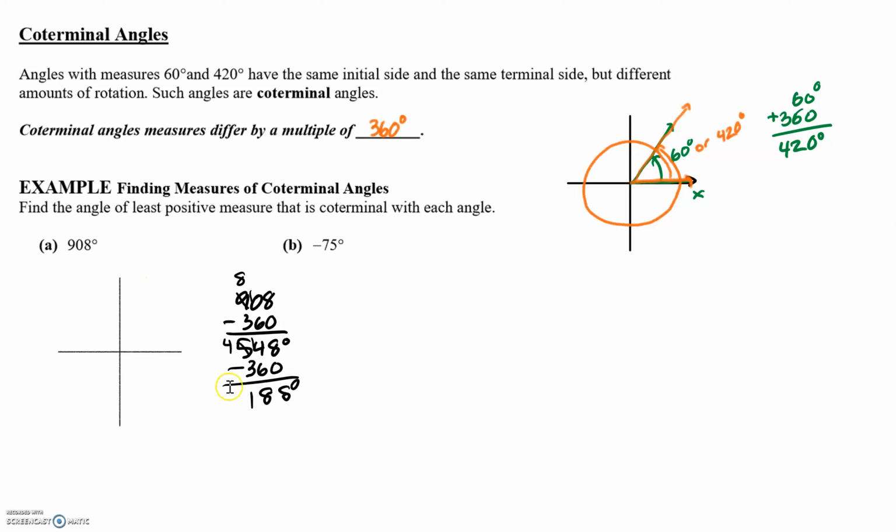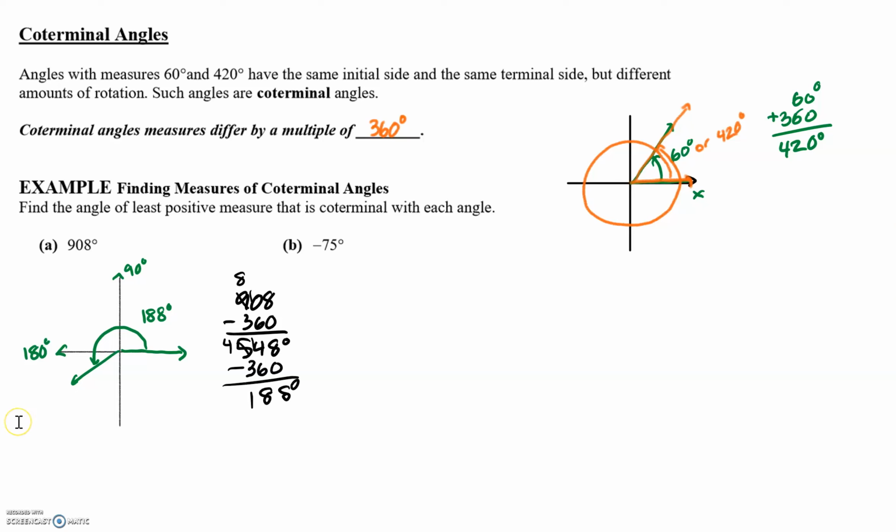188. What quadrant is that in? Well, again, the initial side is going to be on the positive x-axis. 90 is the first quadrantal angle, and the next one is going to be 180. So we know it's a little bigger than 180. 188 is from here to here, 188 degrees.